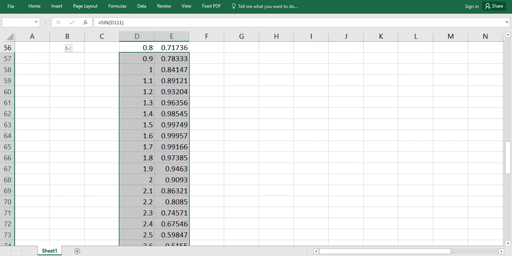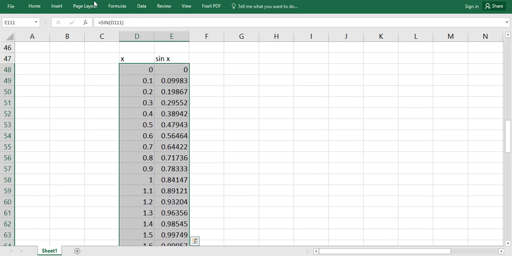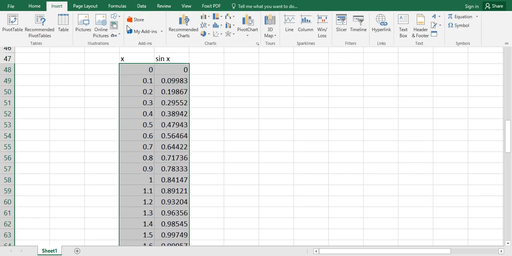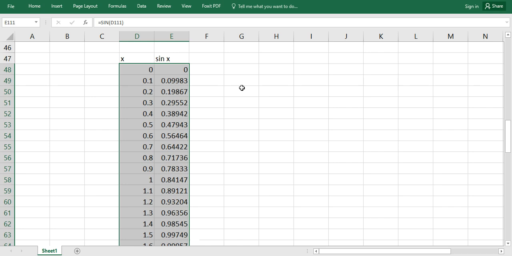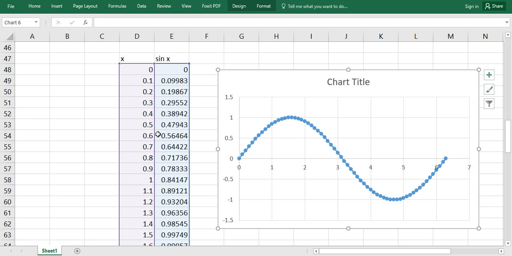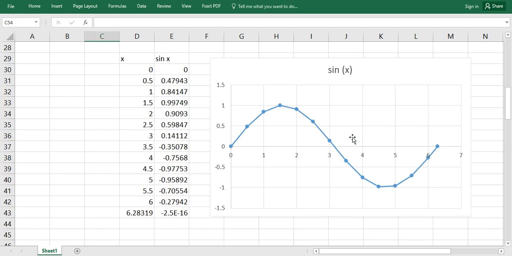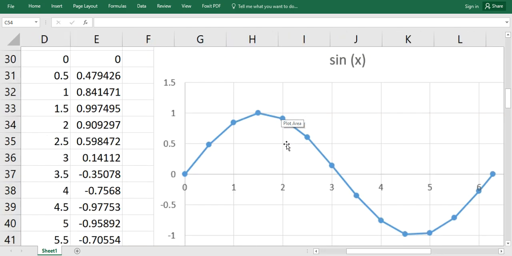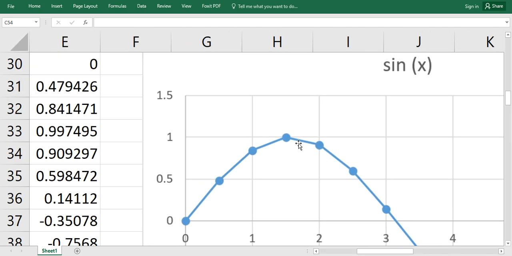Now I am selecting this region and again going to Insert and Recommended Charts. It says that it has more points and more approximation than the previous one. See here again it was not smooth if you zoom in.